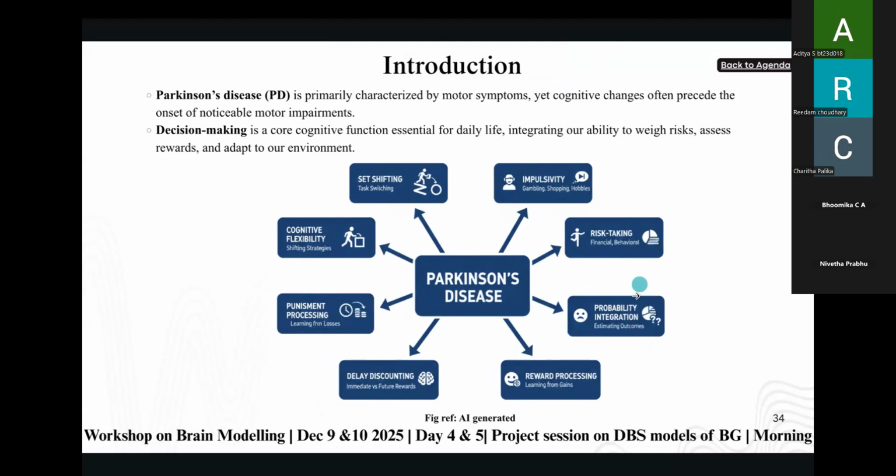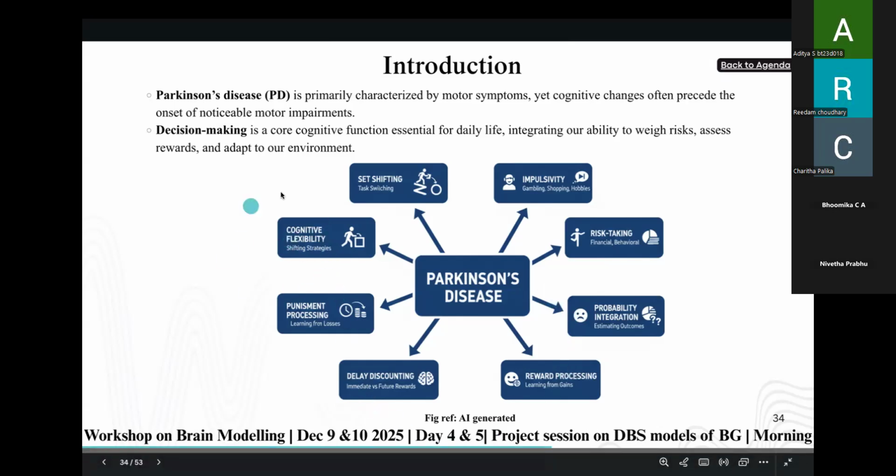Second is risk-taking behavior. If you give them risky choices to make, such as a high risk stock versus a low risk stock, they end up preferring the high risk stock, that is, their risk-taking tendency is very high. Their understanding of reward, loss or punishment, and probability of rewards is very bad.